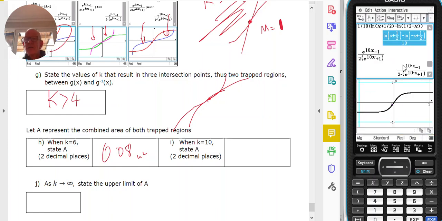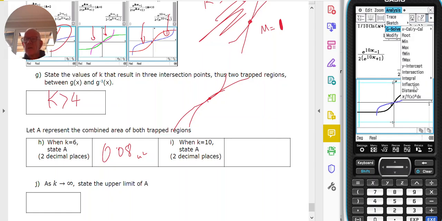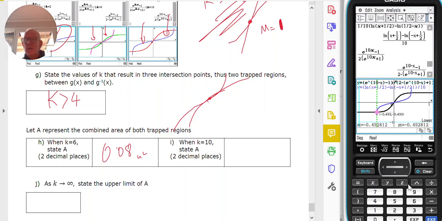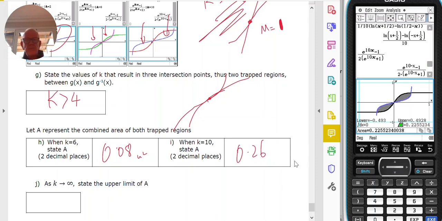And if we look at analysis, G-solve, integral, intersection, accept the first one, accept the last one, the combined area is 0.26, 0.23.